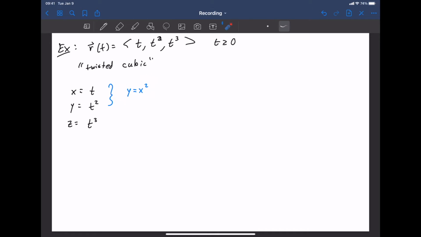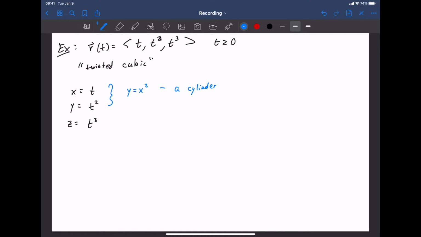But we do have a better idea of what this looks like. If I graph this guy in 3D, you should think back to 12.6 and consider what this looks like. This blue function, is it a more general surface, like a quadric surface, or is it a cylinder? This is a cylinder. Why? Because it doesn't have all three variables.